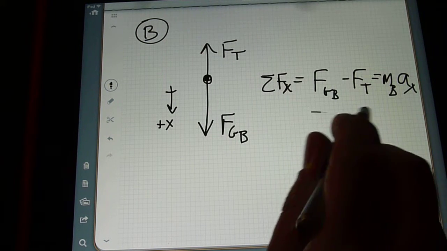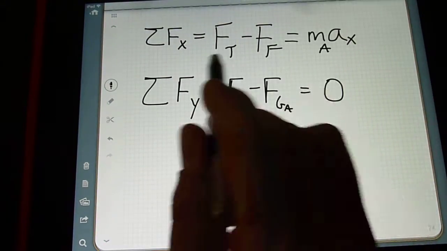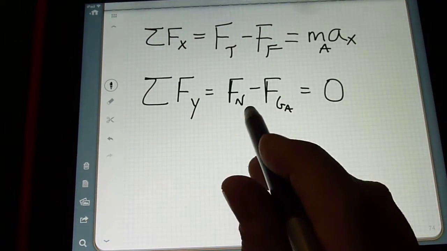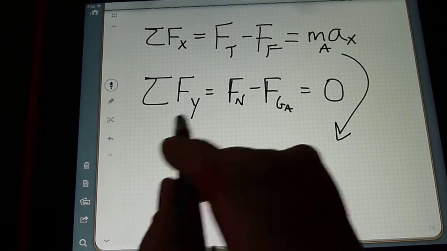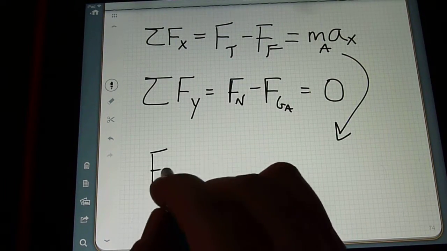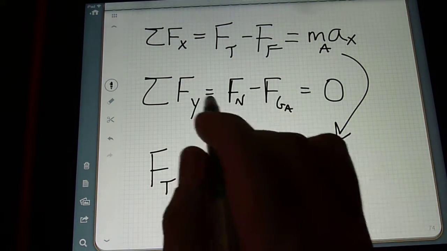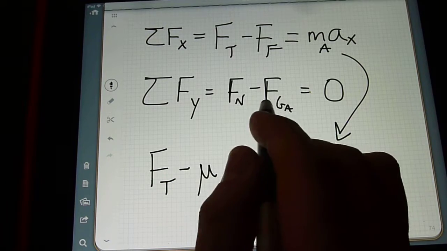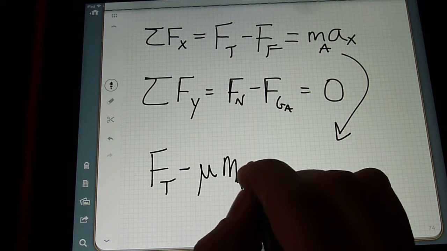So we actually have this as one of our equations that we can then pair with this equation here to get our unknowns. We know that for our friction force, this equation should become Ft minus mu times the normal force. This equation tells me that the normal force for this case is going to be equal to the mass of block A times g, right?